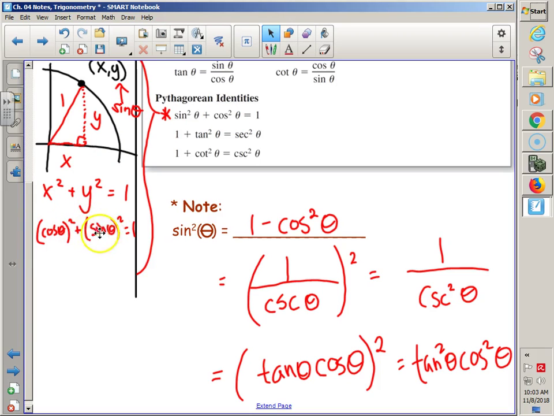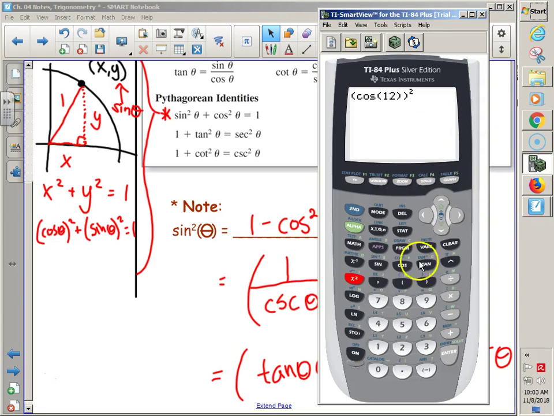In trigonometry, when trig functions are squared or cubed or to the fourth or fifth or sixth or square rooted, you need to do it to the entire function, but it won't look like this. This is messy. There's a shortcut notation. I say don't get tricked by the trig notation. This squared isn't meant to be right next to the cosine. It's actually meant to be around the whole cosine.